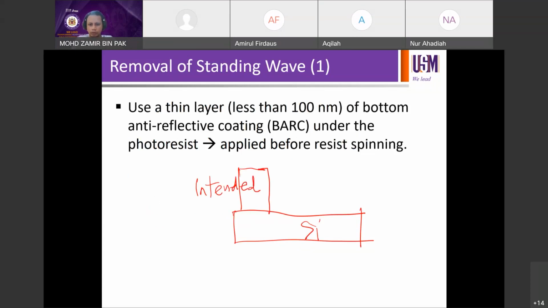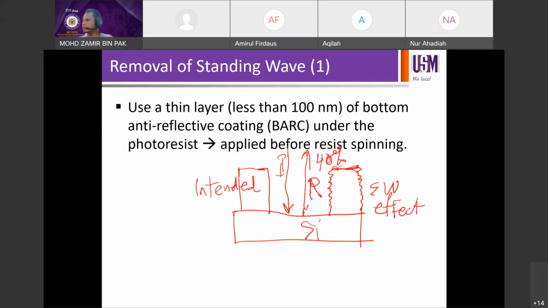You're supposed to have that, but you actually have this issue, standing wave. SW effect, standing wave effect. It's due to the interference between the incident light and the reflected light. And silicon reflects about 40% of the incident light.